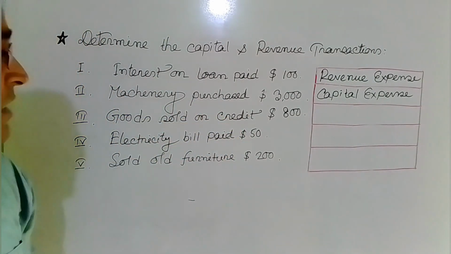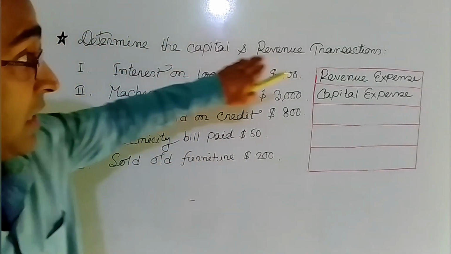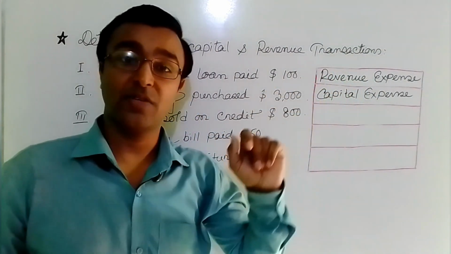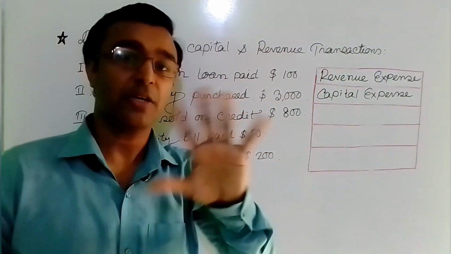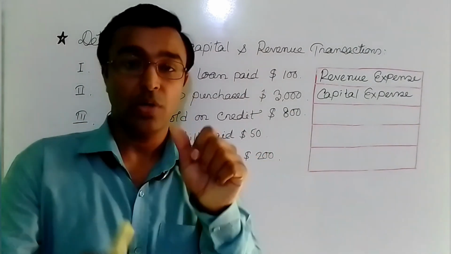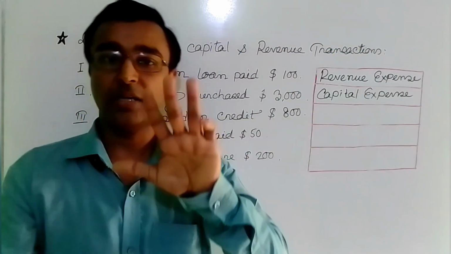In addition, I am giving you some extra information, though we are doing capital and revenue transactions. Transactions have been classified into 5 categories in economics, though we know only 2, cash and credit. But no: cash transaction, credit transaction, bill transaction, check transaction and card transaction.